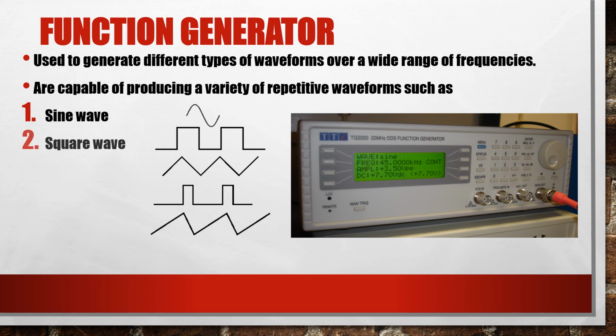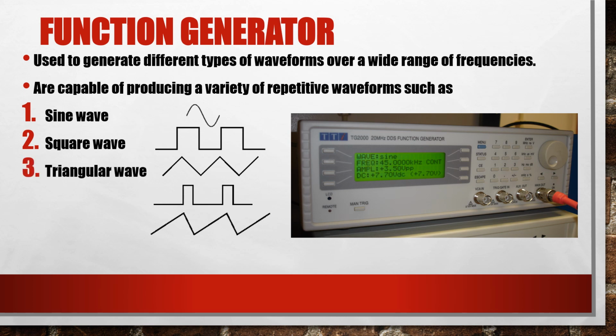Next is square wave. A square wave is normally relatively easy for a function generator to produce. It consists of a signal moving directly between high and low levels. Next is triangular wave.